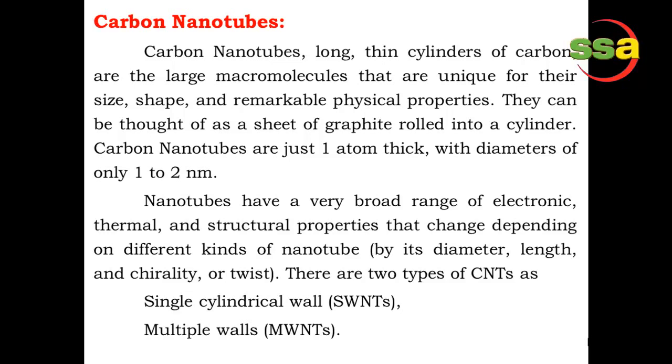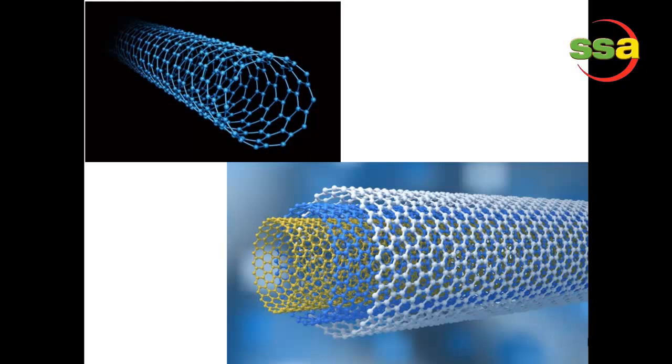If only one sheet is rolled in the form of a tube, we have a single walled carbon nanotube, whereas if different sheets of different thickness, different radii, and different composition are rolled in the form of a single tube, then it may be a multi-walled carbon nanotube. Now let us see.